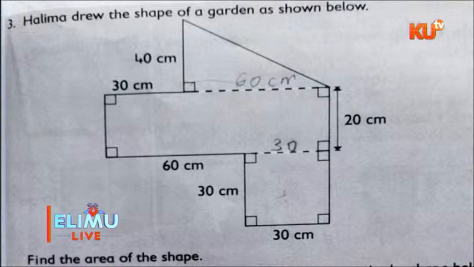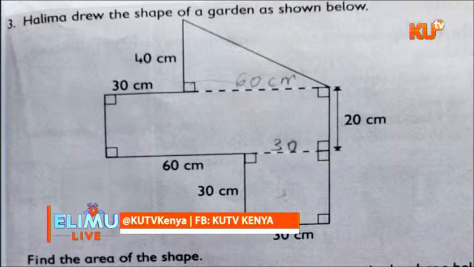So let us write the measurements which we have been given. We have been given that the height of our triangle is equal to 40 centimeter. Here we are also given 30 centimeter, we have 30 centimeter here, and we also have 30 centimeter written there.